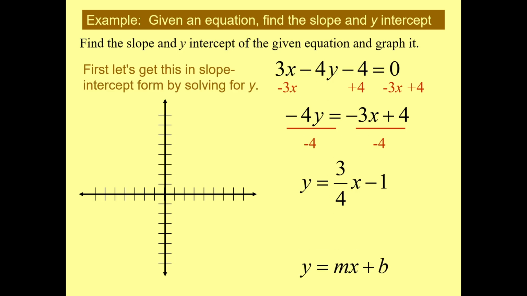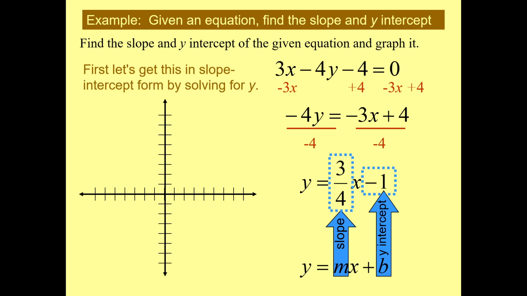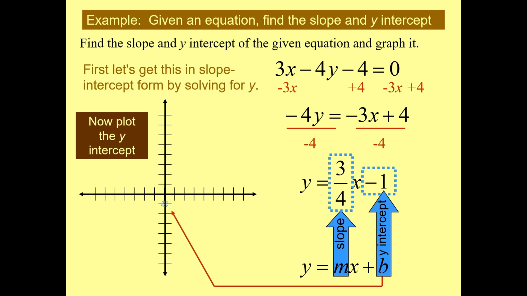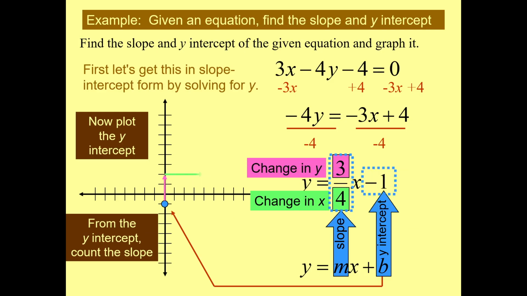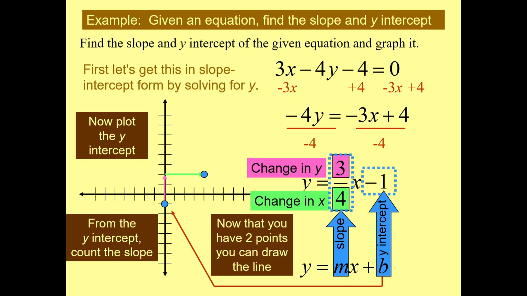So my slope is 3/4. So you can use rise over run. Go up 3 and over 4. Repeat this.